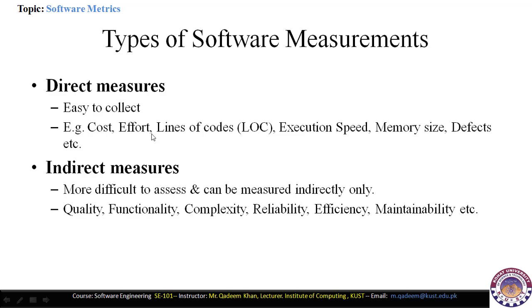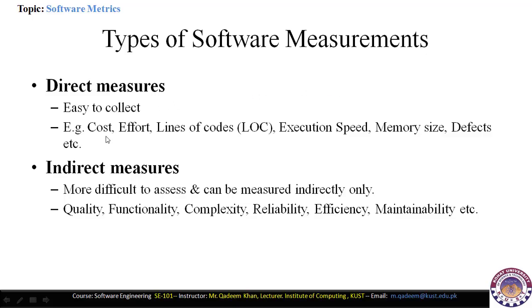Types of software measurement. We have two types of software measurement. One is called direct measurement and the second one is indirect measurement. Direct measurement is performed directly from the product, and it is quite easy to collect because we already have the product with us.